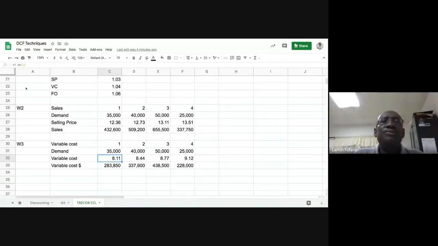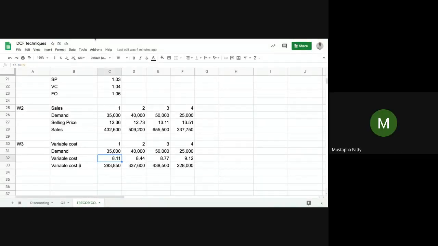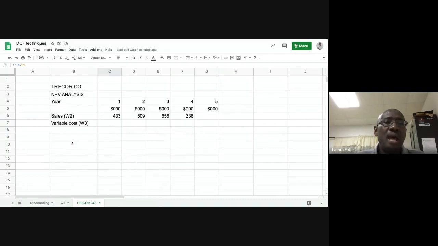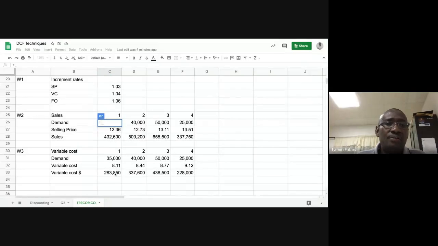Okay, shall we move? Yes. Right. So now what we're going to do is the same thing. We're going to take our variable cost here.